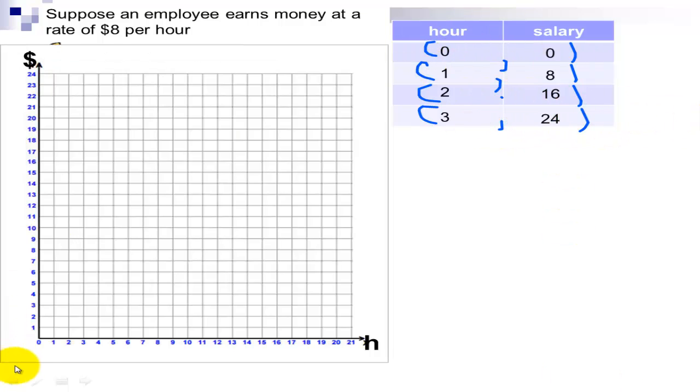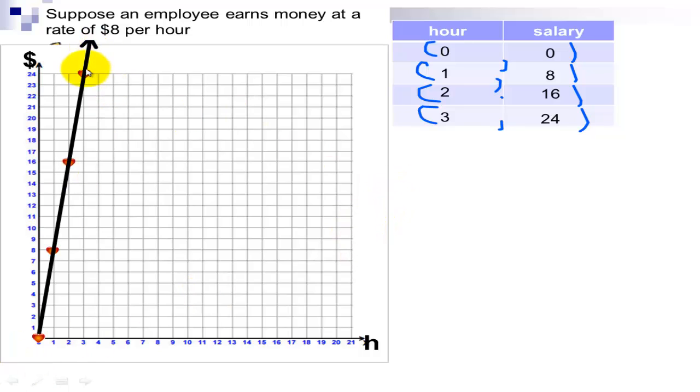So for 0 hours, salary will be 0. For the first hour, salary will be $8. For the second hour, it should be $16. And for the third hour, it will be $24. If we connect all of these points, we will generate this line.